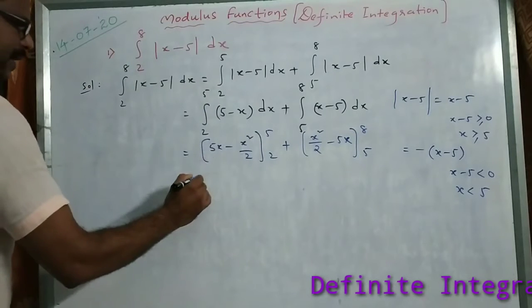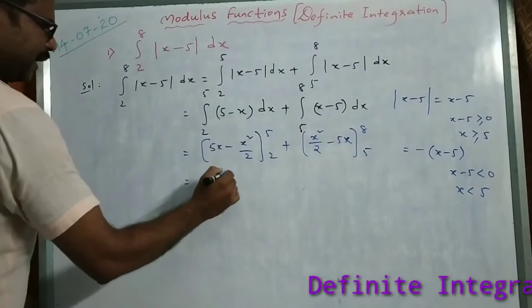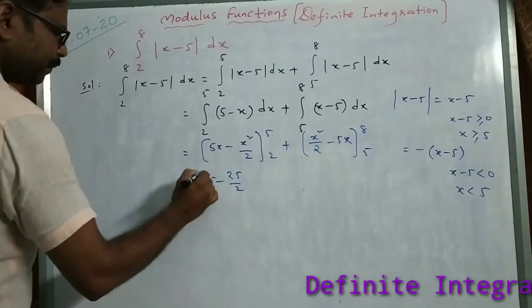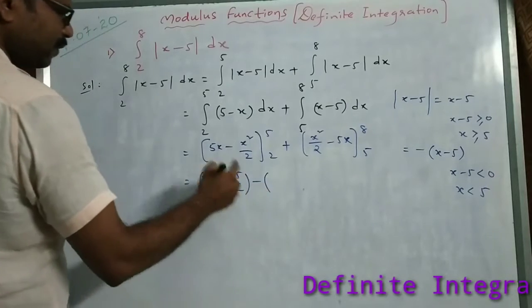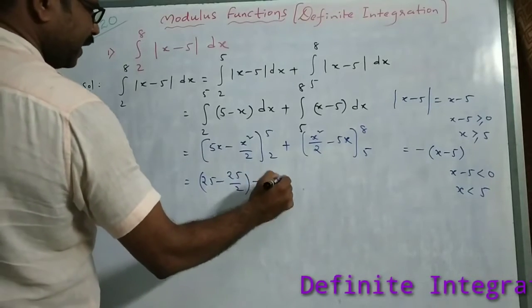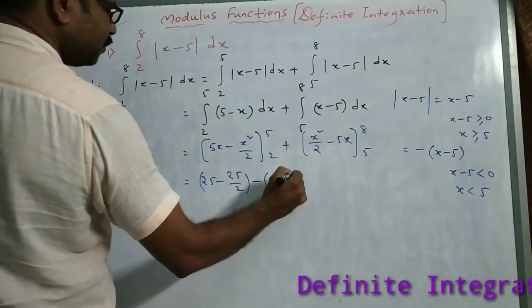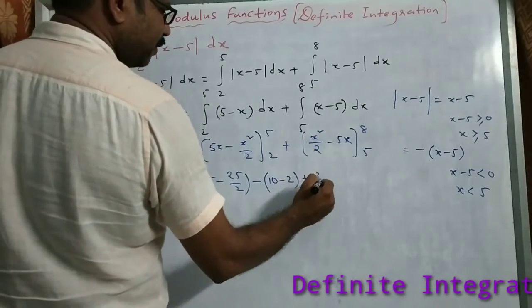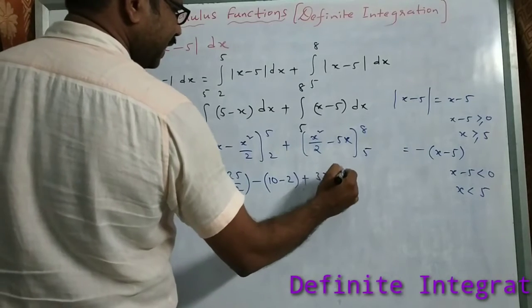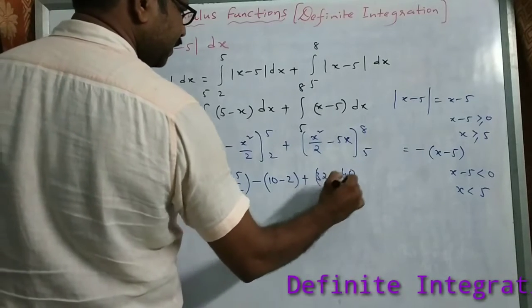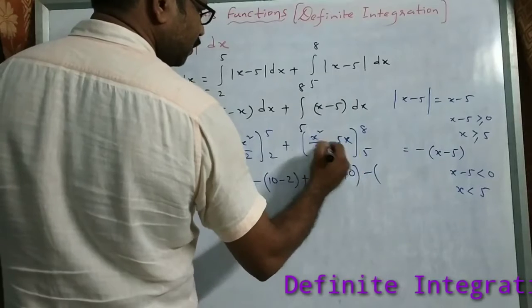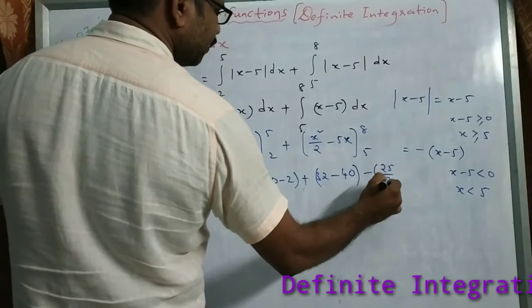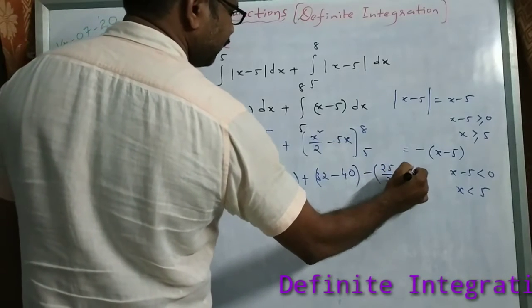Upper limit: 5 5s are 25 minus 25 by 2, minus of 5 2s are 10 minus 4 by 2 means 2. Here 8 square 64 means 32 minus 8 5s are 40, minus of 25 by 2 minus 25.